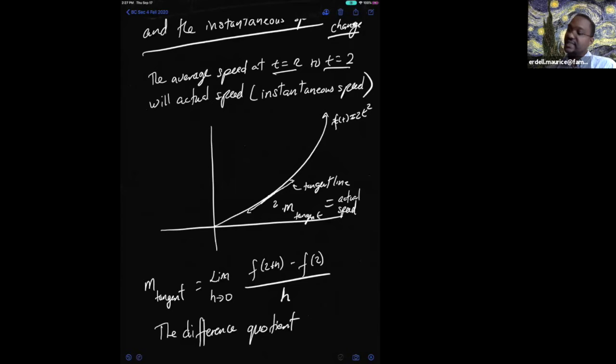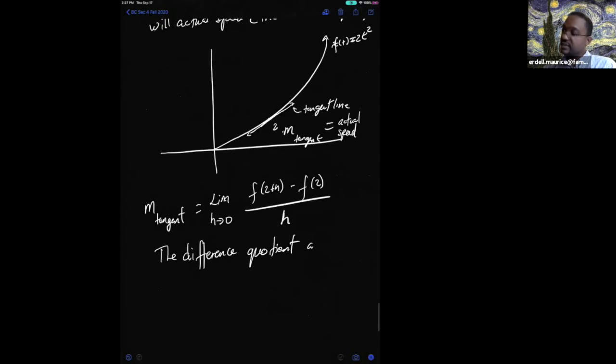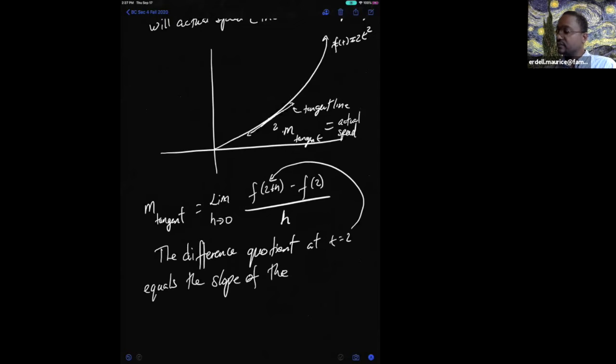It turns out that the difference quotient at the time 2, i.e. plugging in 2 right here, gives us the slope of the tangent line, which in turn is equal to the actual, instantaneous rate of change.